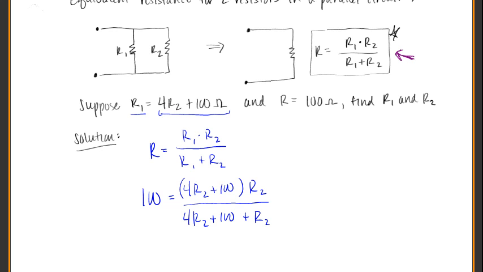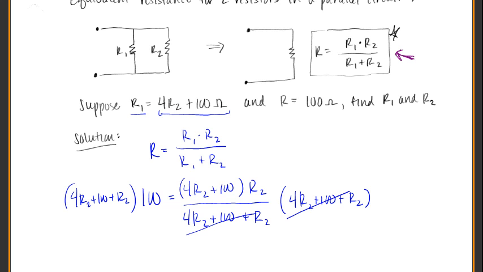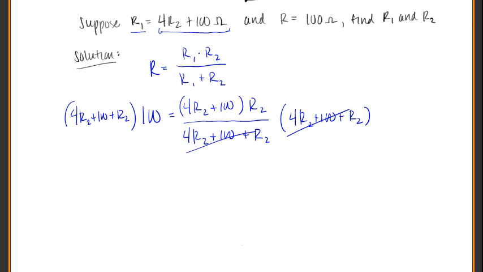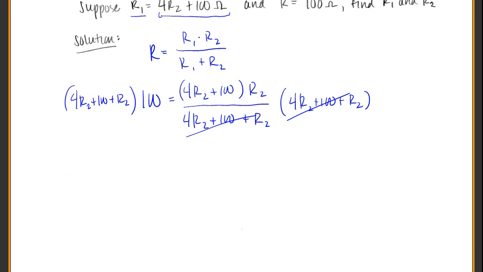Okay, so all we have to do right here is just finish solving it out, and most likely it's going to be quadratic, I would imagine, because we're in the quadratic section. To get rid of the fraction, let's multiply the left side and the right side by the denominator, so that way we can clear that off. And let me scroll down some more to give us some more room.